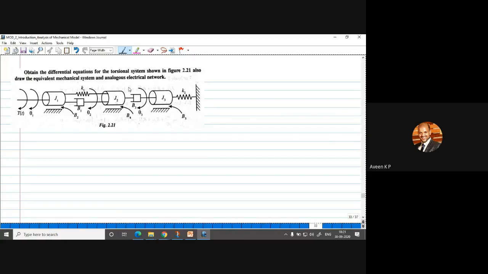Based on that, you will write the equivalent system. So step one will be writing the equivalent mechanical system. Now we have an applied torque of T of t.